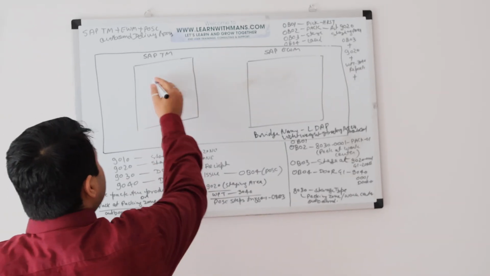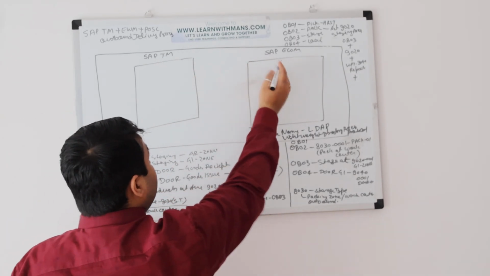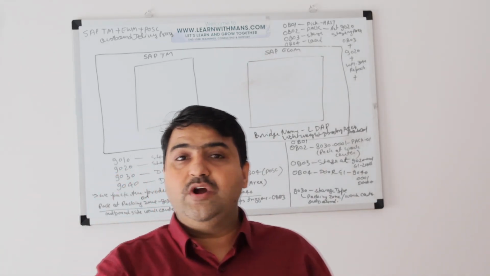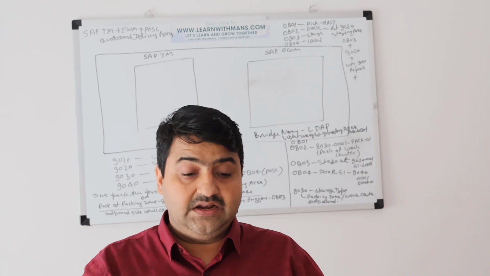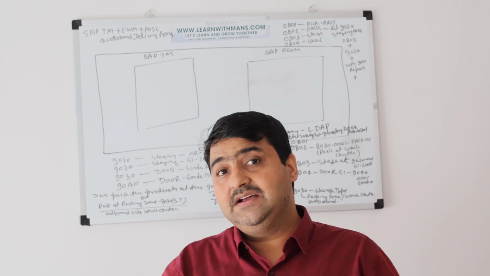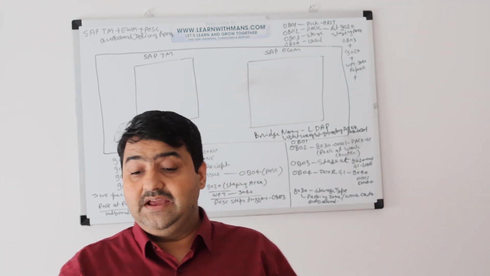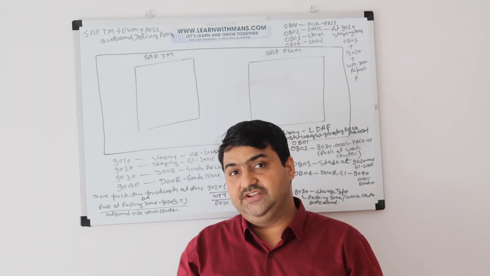Just assume we have two systems, TM system and EWM system. The first point, both are different systems. Both are SAP systems, and SAP is, as per my understanding and experience, a market leader actually.